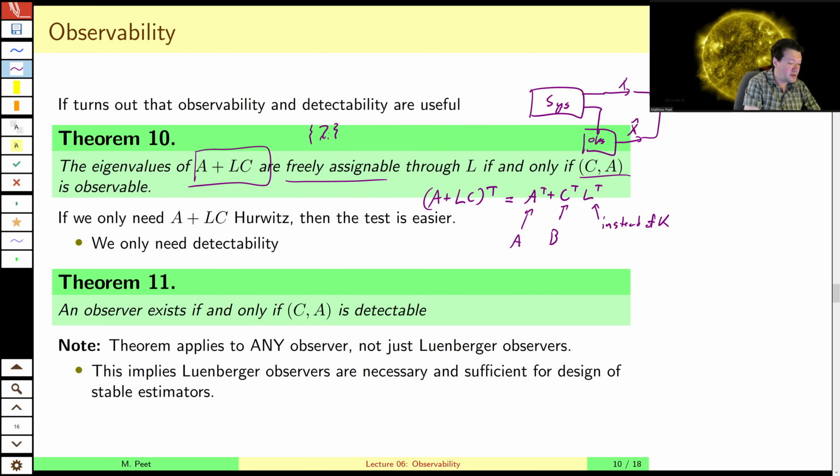And we haven't talked about detectability very much. It turns out that this result applies not just for our particular choice of observer design, but actually applies to any observer design. So even in the 6-parameter case, this result still holds, necessary and sufficient.